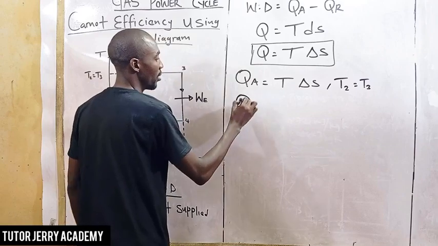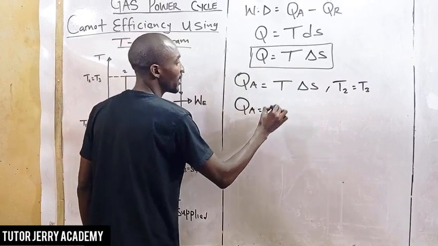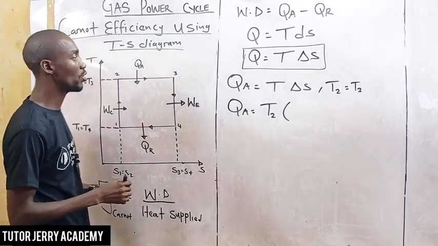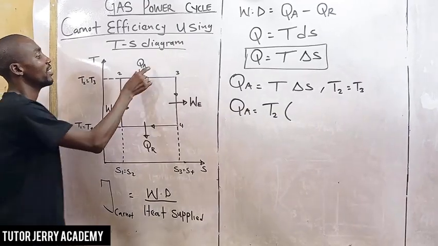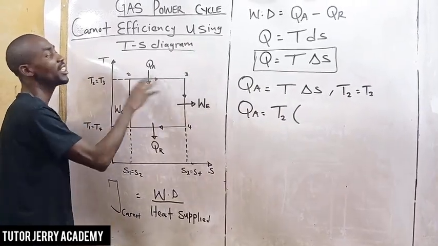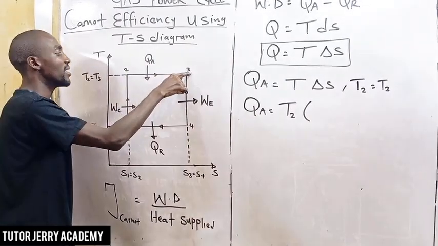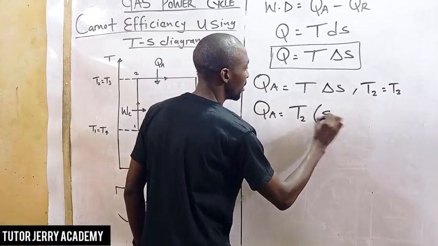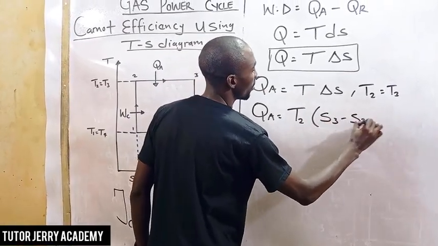So QA equals T2 into the change in entropy. Don't forget, QA is between state 3 and state 2, so the change in entropy is S3 minus S2.